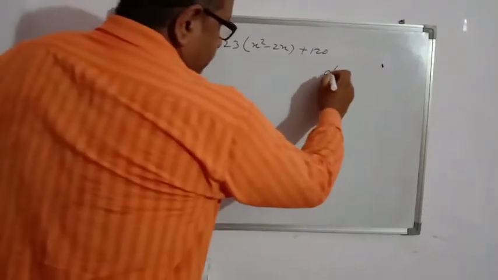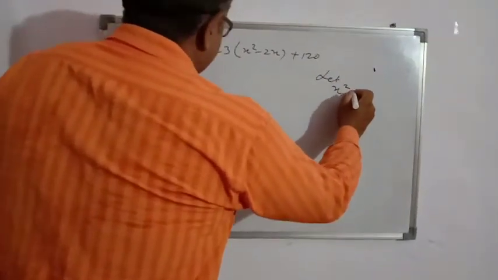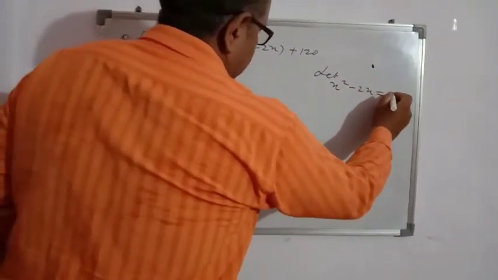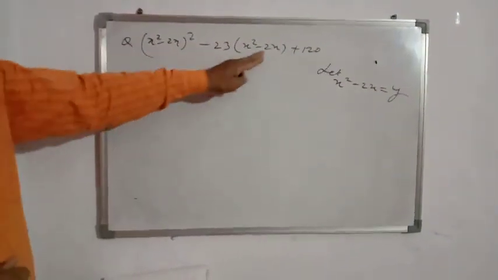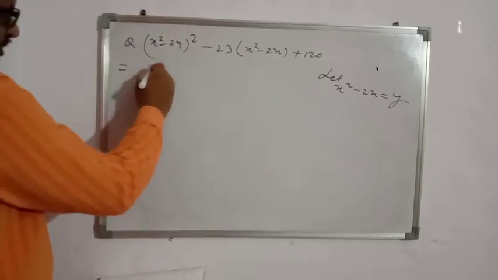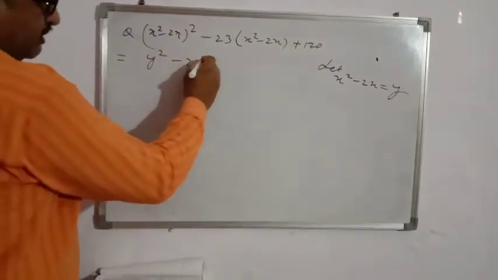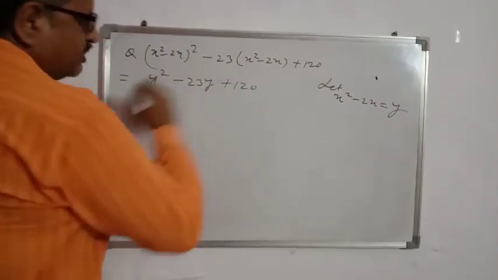Here we will suppose let x square minus 2x is equal to y. So it will be y square minus 23y plus 120.